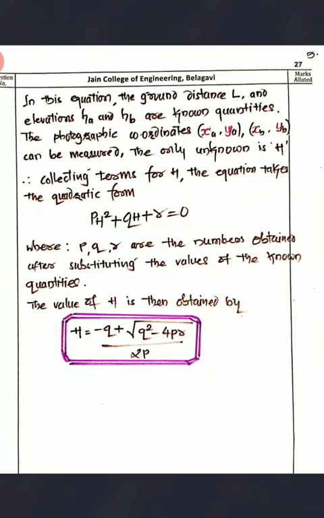Now here you can see that collecting the terms for the quantity gives the quadratic equation, whereas p, q, r are the numbers obtained after substituting the values of the known quantities. If you substitute all the known quantities, whatever remains we are going to consider as p, q and r.